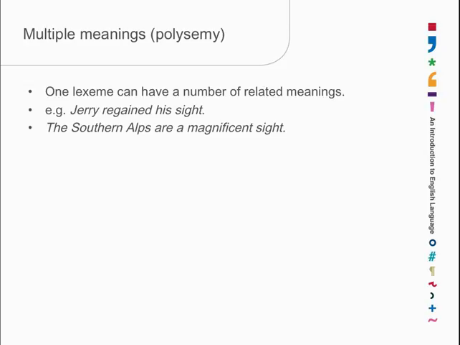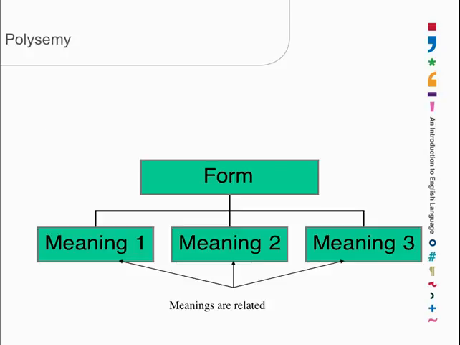They're slightly different. So what we've got here is one form and a set of related meanings. When you look up a dictionary, you'll find the dictionary indicates these different meanings one below the other, so that you can tell that this word has more than one meaning, particularly if you're looking it up for the first time to check whether it has this other meaning that you think it might have.